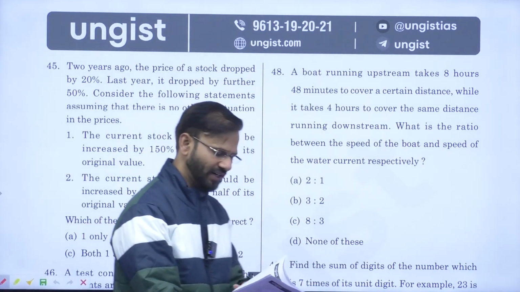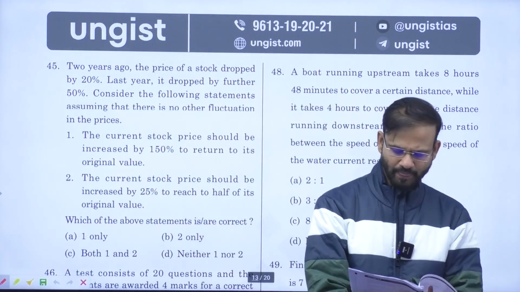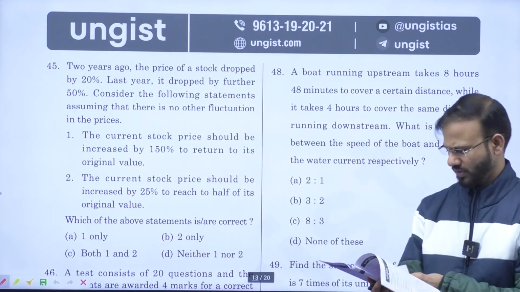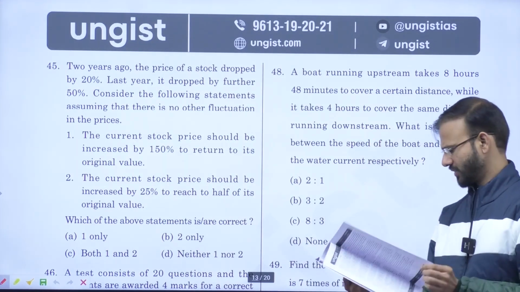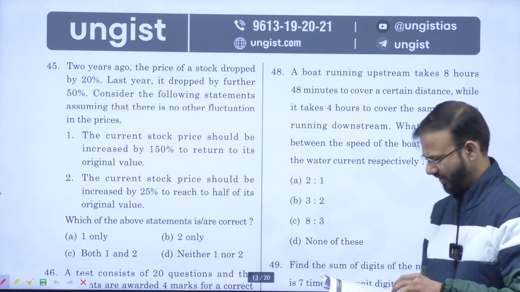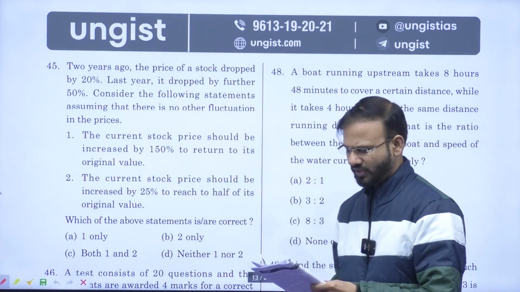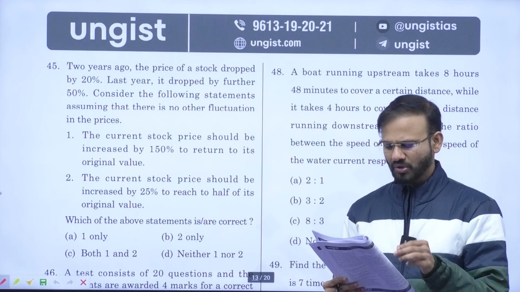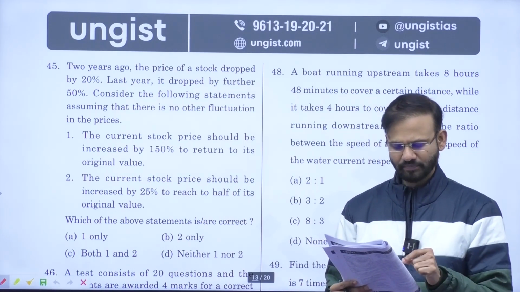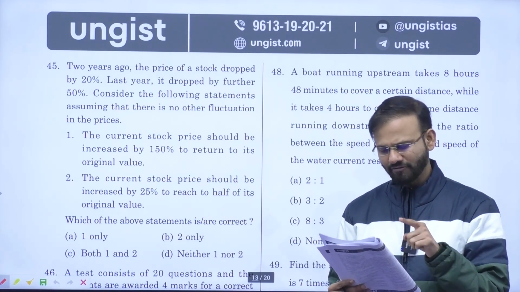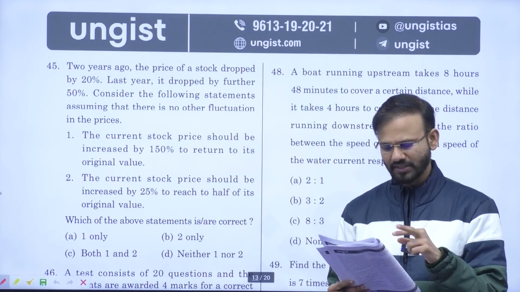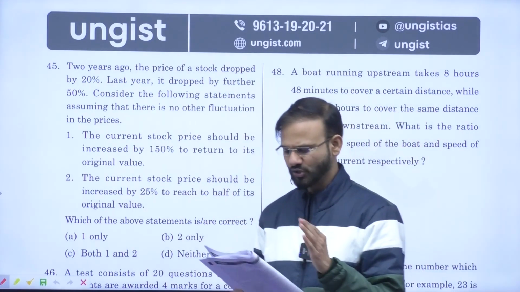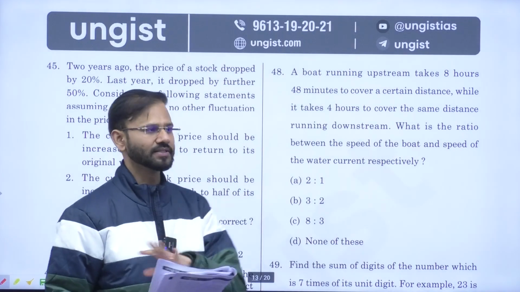I am reading it from my question paper. Question number 45: 2 years ago the price of the stock dropped by 20%. Last year it dropped by a further 50%. Consider the following 2 statements, assuming that there is no other fluctuation in the prices.